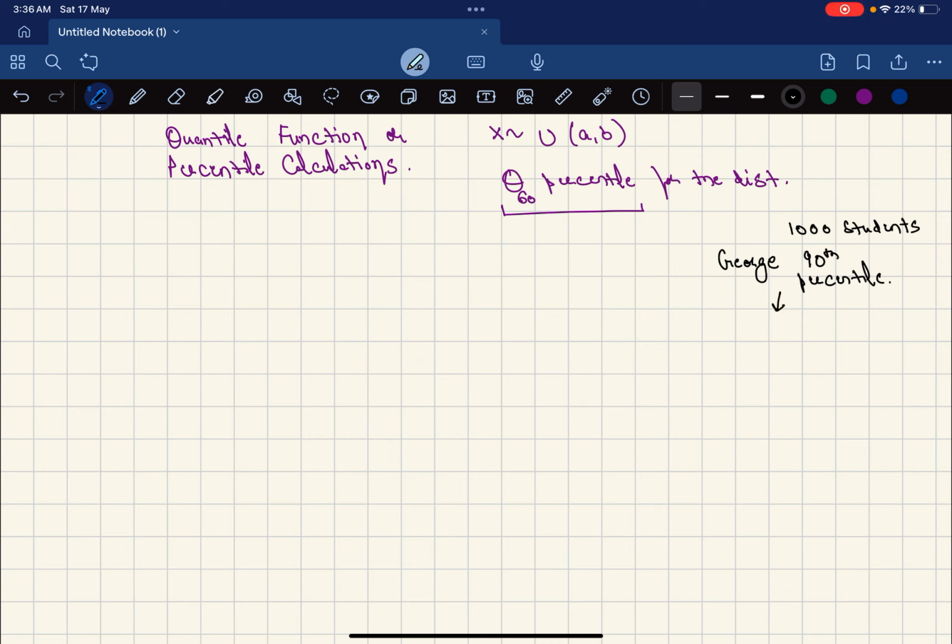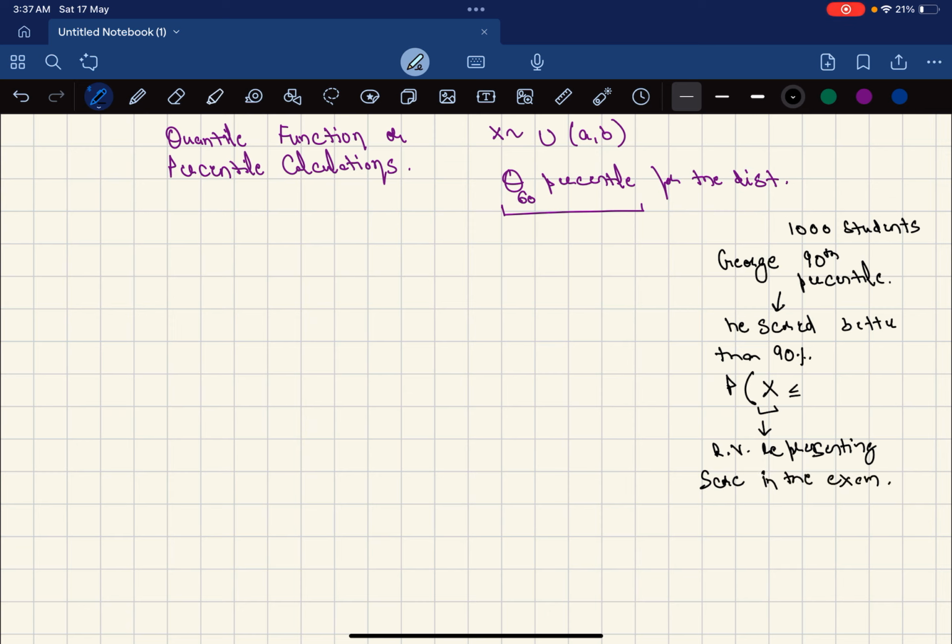This means he scored better than 90% of the students, which means the probability of the random variable X, which represents the score in the exam, being less than or equal to George's score is 0.9.